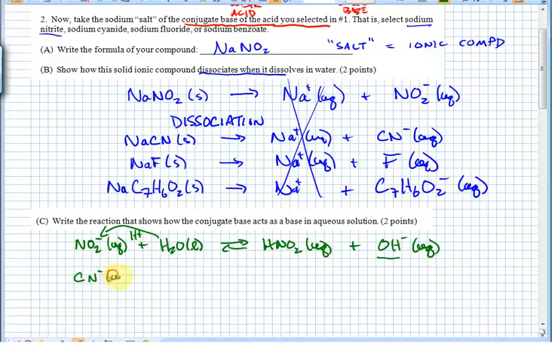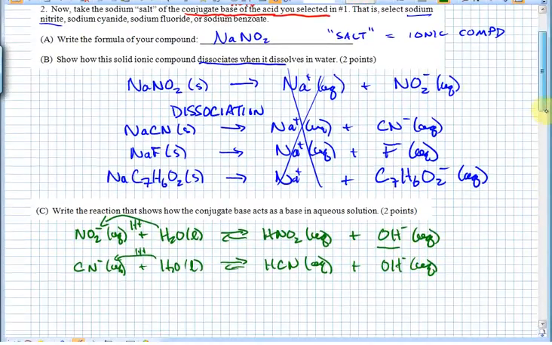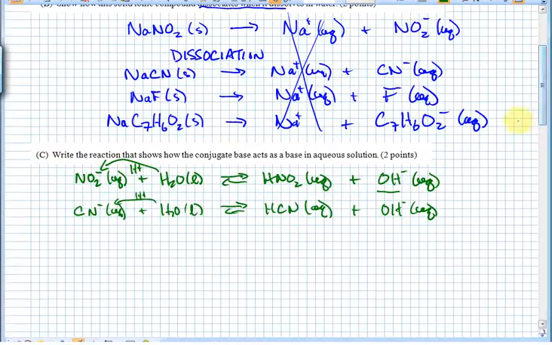For the rest of these, really similar reaction. CN minus plus H2O liquid. Again, transferring a hydrogen ion, HCN, aqueous. There's our hydroxide again. So there's cyanide ion acting as a weak base. Fluoride ion, similar reaction. Fluoride ion finds a few water molecules.